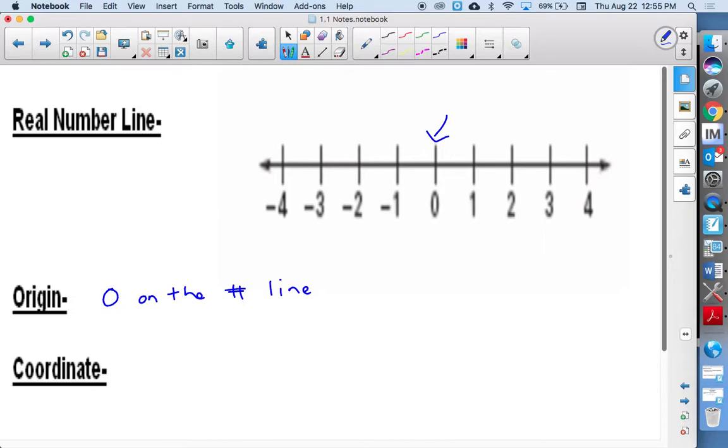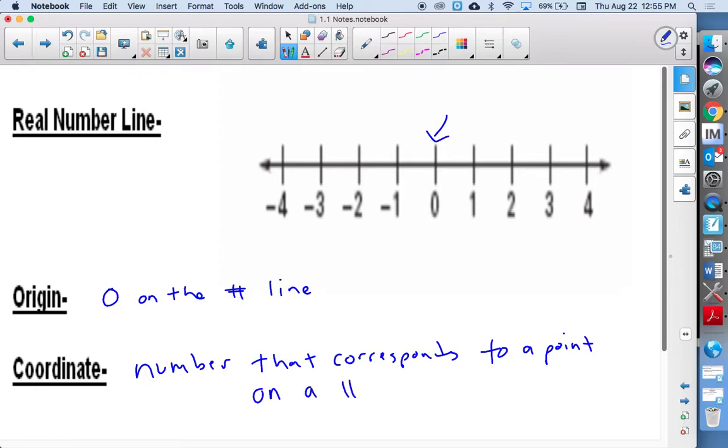And a coordinate is just a number that corresponds to a point on a number line. See a coordinate written like that.